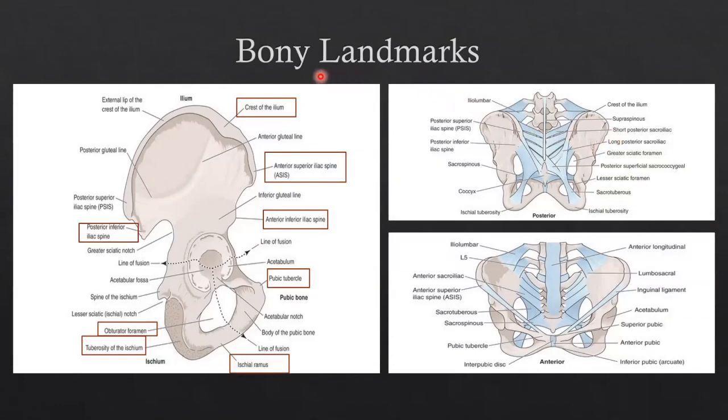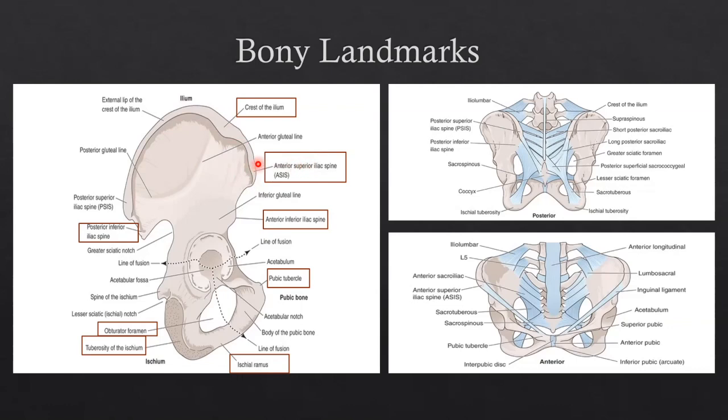Now, bony landmarks for the pelvis. As mentioned previously, the pelvis bone itself is divided into three different regions, right? We have our ilium, we have our ischium, and we have our pubis region. We're all pretty familiar with the iliac crest, the crest of the ilium. As we move down here, we see our ASIS, our anterior superior iliac spine.